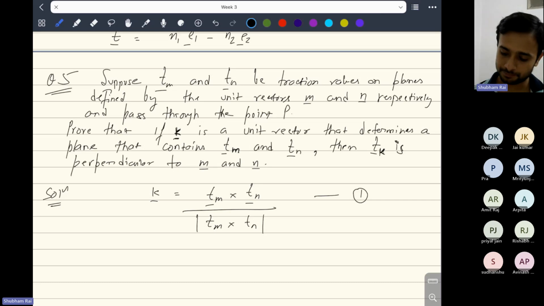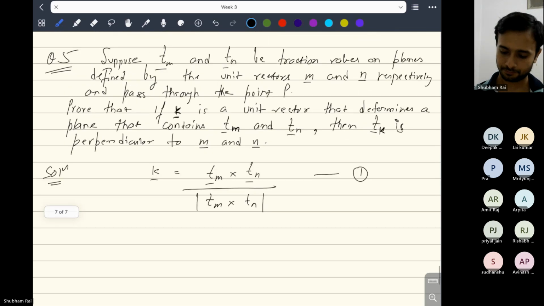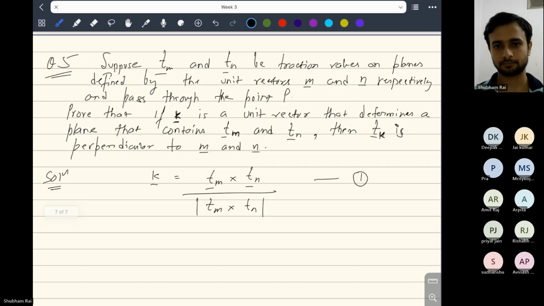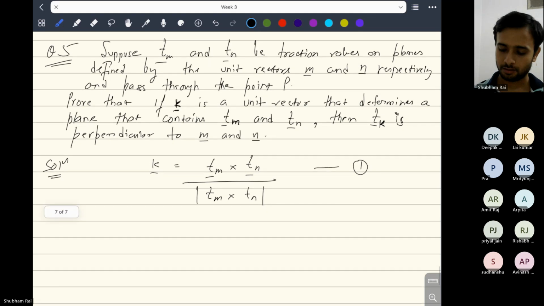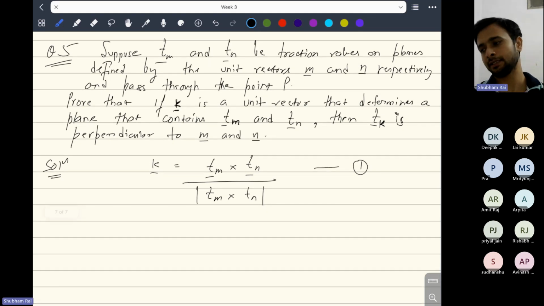And we have to prove that K is perpendicular to M and N, right? Obviously K is perpendicular to Tm and Tn, but we have to prove that this K is perpendicular to M and N also.